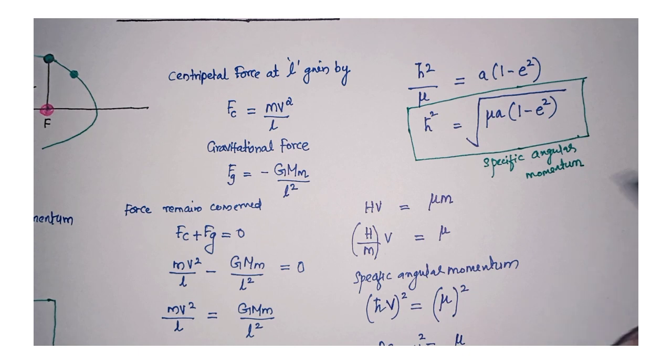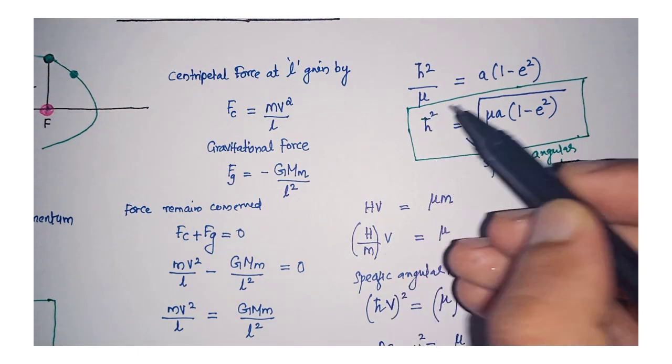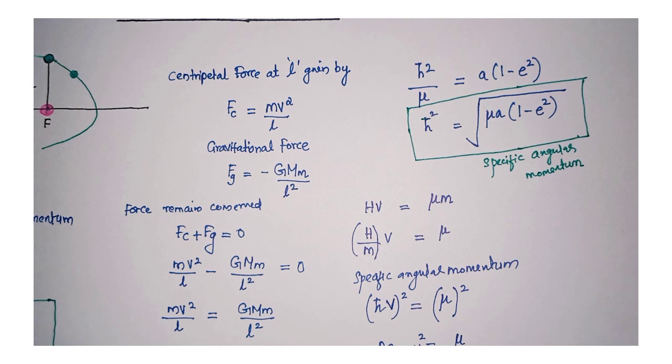So up to you. Here I am okay with taking h cap, so I have taken h cap. If you want to take the angular momentum as big H and the specific angular momentum as small h, that also is quite welcome. Ultimately the concept remains the same, whether you take small h, h cap or big H. The concept remains the same.